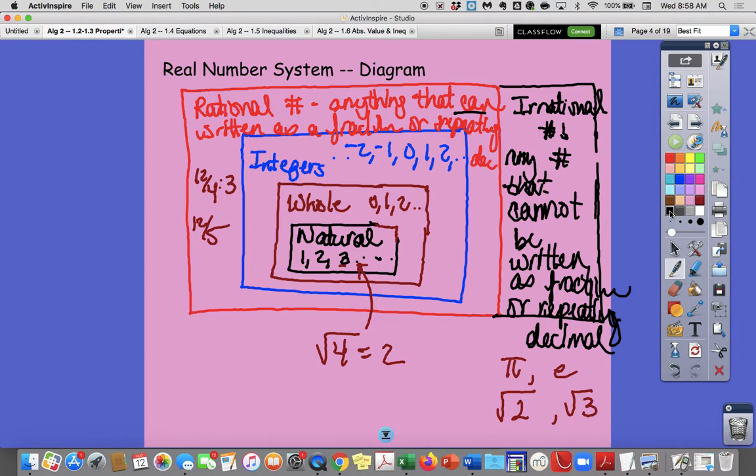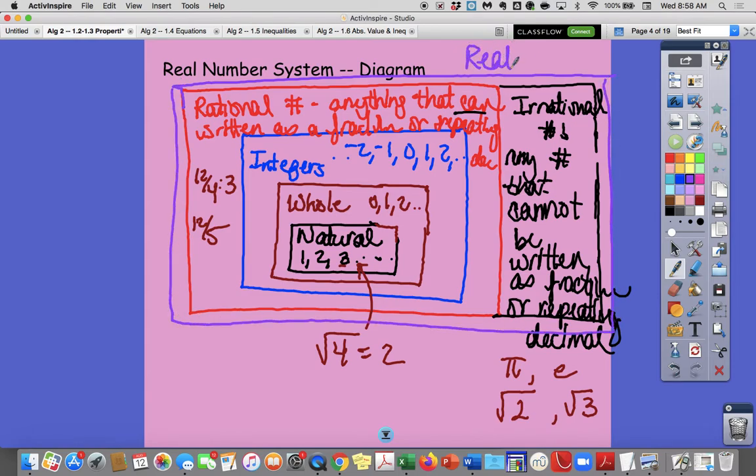And all of this set, all of it combined, let's see here, what have I not used? Purple. So all of this together, the whole thing, makes the real number system. Okay?